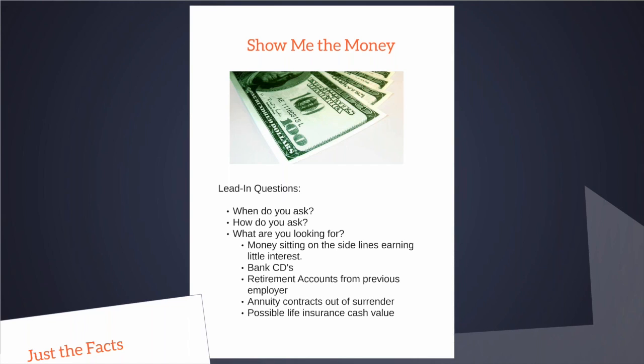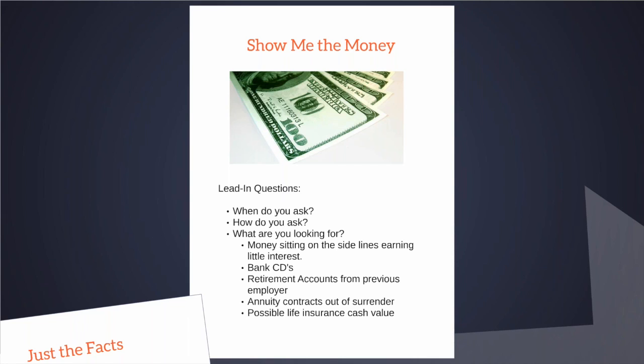It could be in a money market account or retirement accounts such as an employer 401k, maybe an IRA with a brokerage account, or maybe it's an annuity contract. We're looking for somebody that has an annuity that's in force, but maybe it's at the end of its term and it's just kind of sitting there not really doing much. Or life insurance cash value.